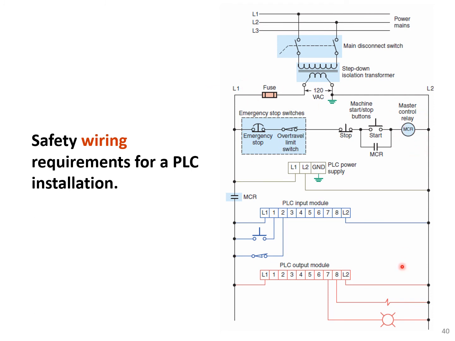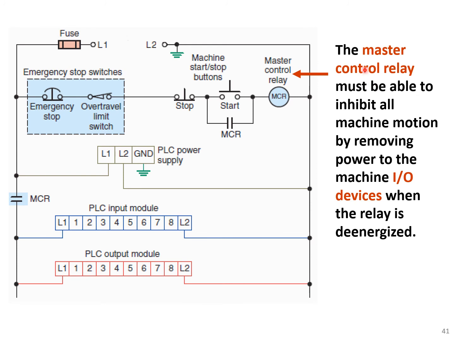Okay, this system here basically will de-engage the whole system. The master control relay must be able to inhibit all machine motion by removing power to the machine I/O devices when the relay is de-energized.